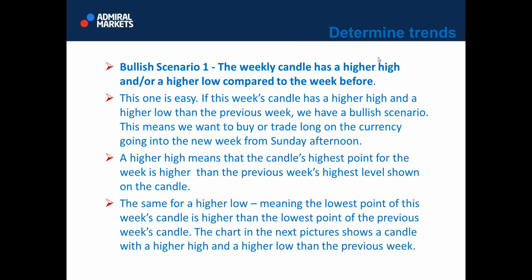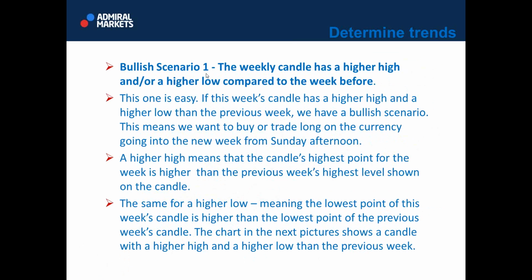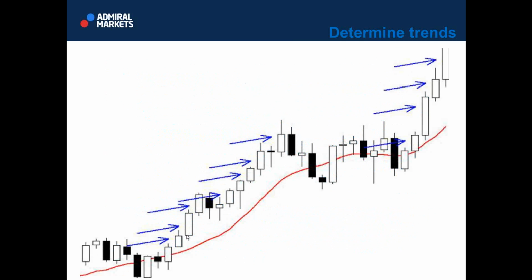So what should we do? First is to determine the trend. This is the first example, bullish scenario 1. We have higher highs, higher lows. What are higher highs and higher lows? Simple price action: higher high, higher low. Look at this, this is high, this is high, this is high.